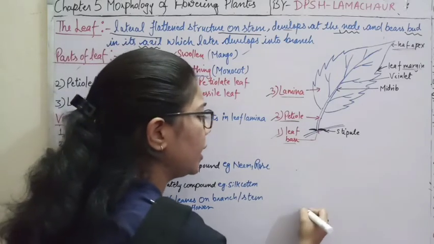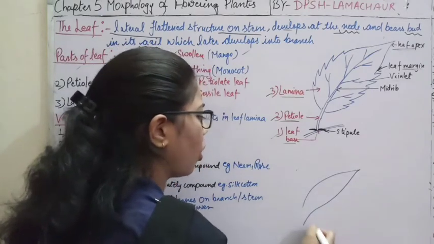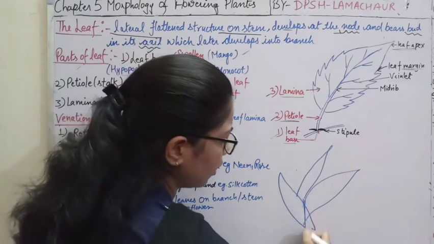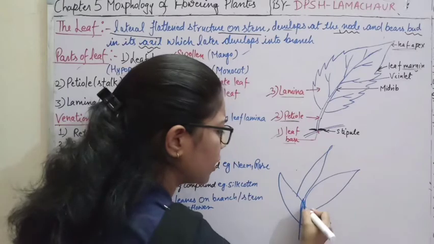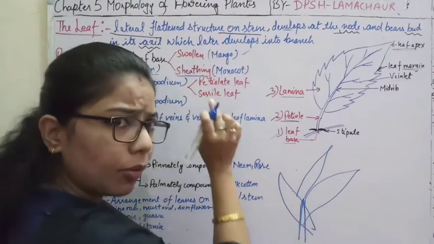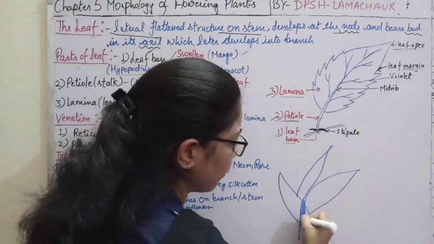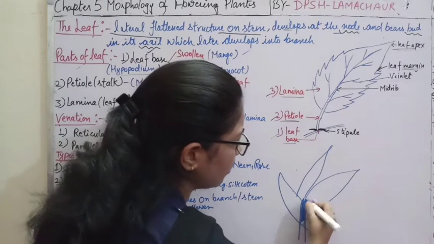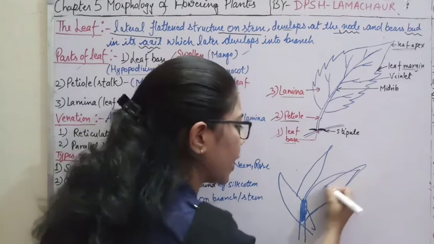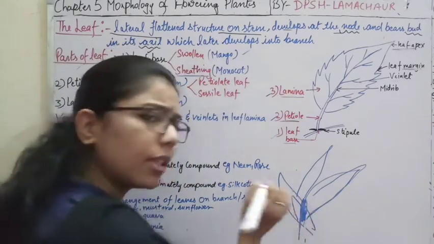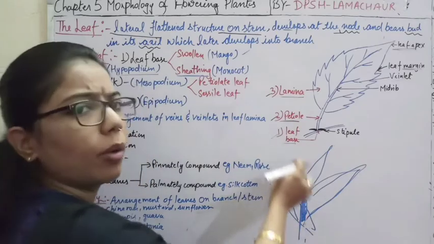For example, this is a leaf base of a monocot, and this is a part of the stem. The leaf covers some of the stem first, and afterwards it arises from that part.